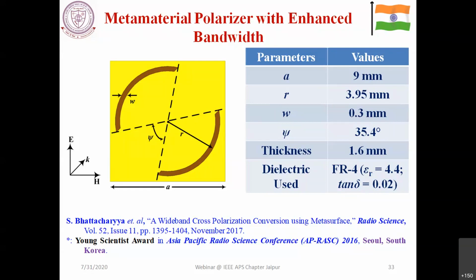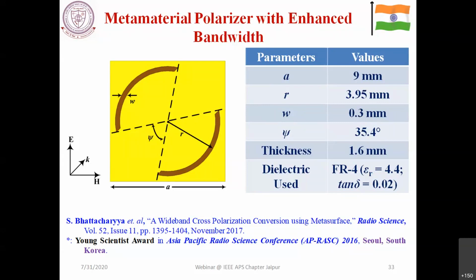You have to study the electric field very well, and before rotating the unit cell, you have to see the behavior of the unit cell from phi equal to 0 to phi equal to 90 degrees. If it provides absorption at some other frequency at phi equal to 90 degrees, then you should go for the rotation. So depending upon your design and your need, you should go for it.